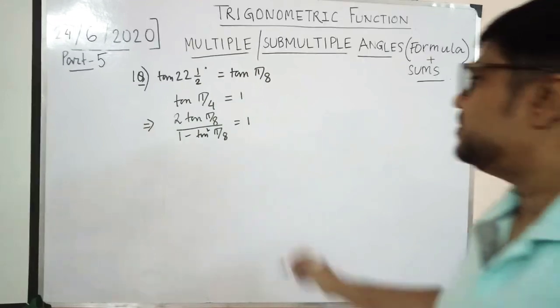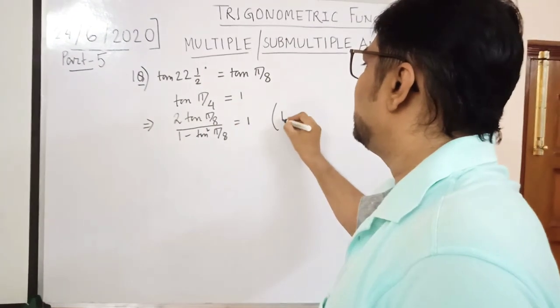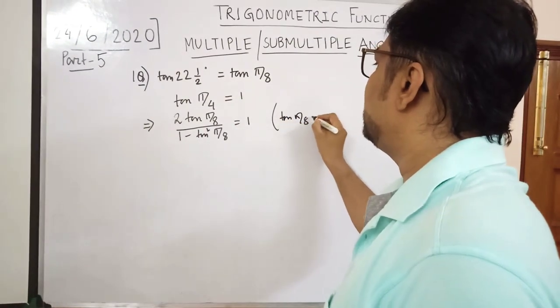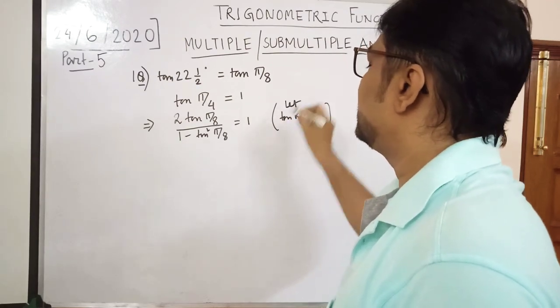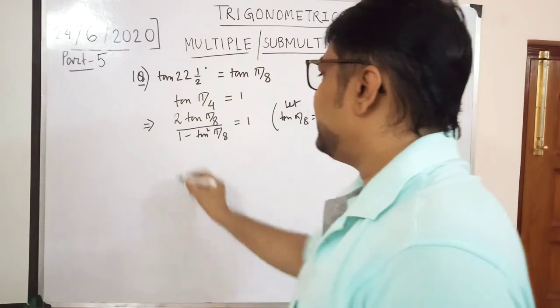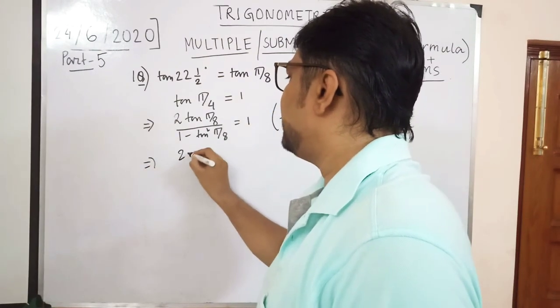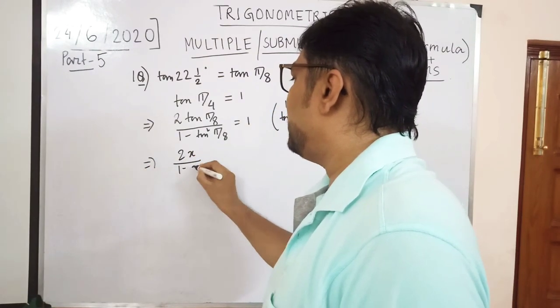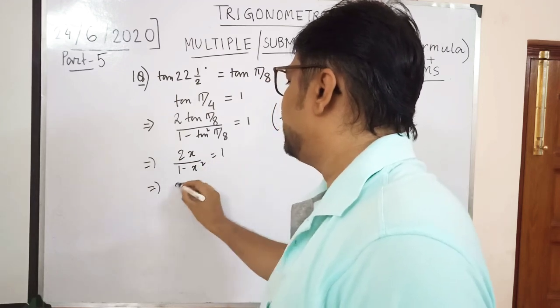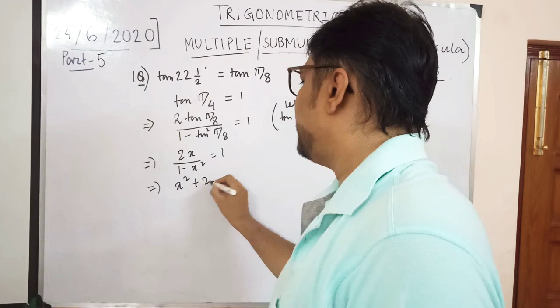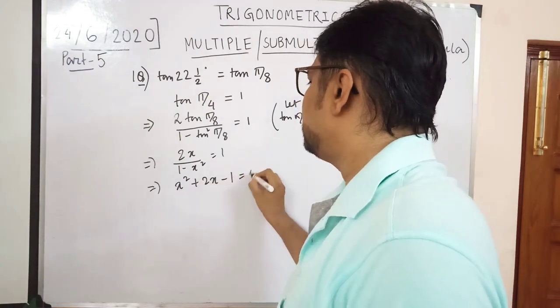So we can assume this tan pi by 8 as x. Then we can write 2x by 1 minus x square equals 1, and we get a quadratic, that is x square plus 2x minus 1 equals 0.